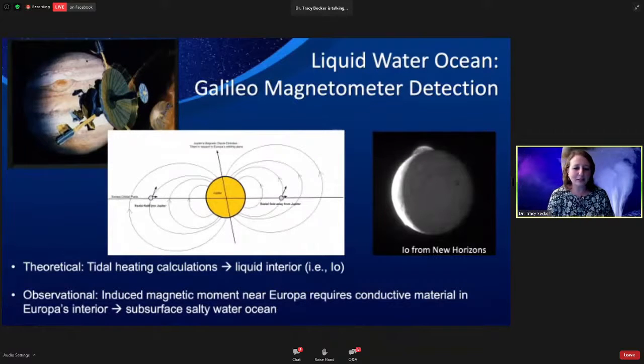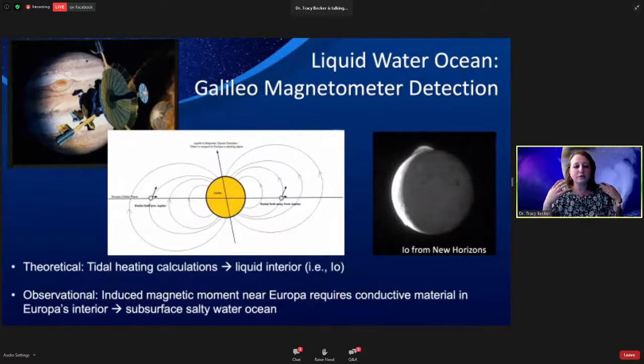What happened was actually, and this gets a little bit technical, but basically Jupiter has a really strong magnetic field. And when the spacecraft Galileo, which flew out in the 1990s, flew by Europa, it noticed a deviation in that magnetic field. And the only real explanation for that deviation to happen when you're close to Europa is that Europa has its own counteracting magnetic field, essentially, which can only be produced by having some sort of a liquid body inside, especially one that has some sort of salt.